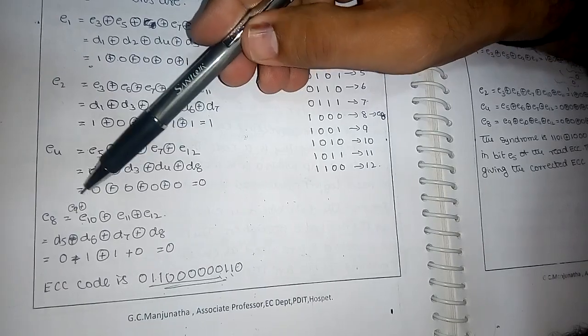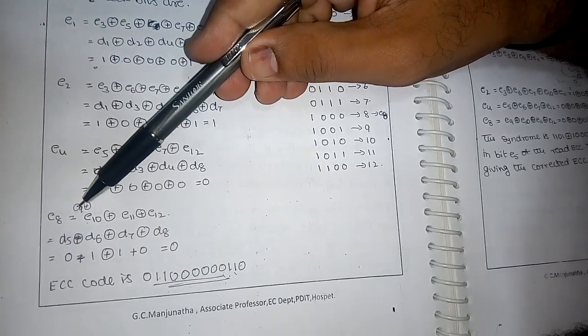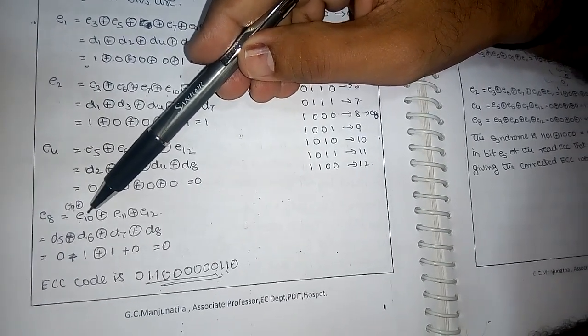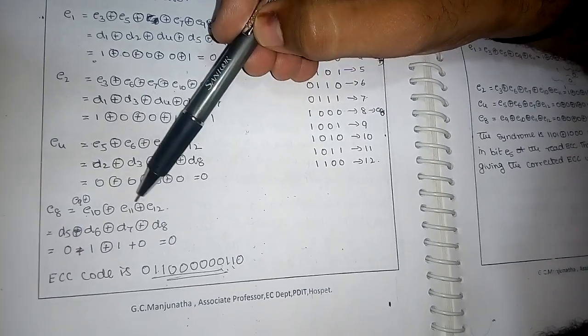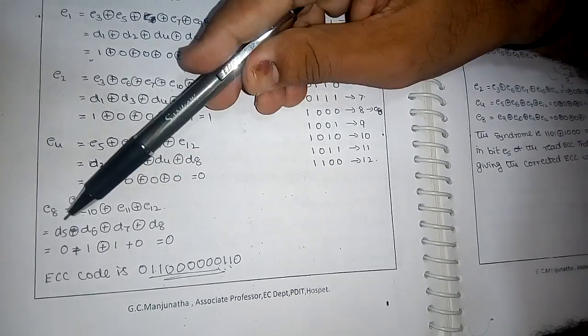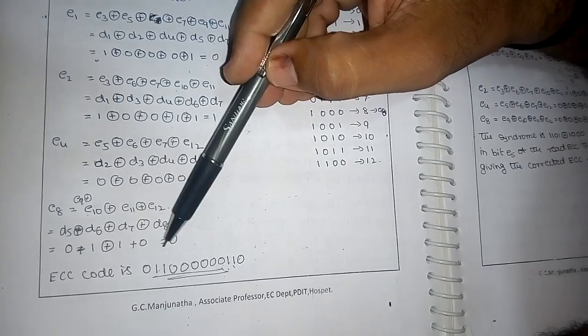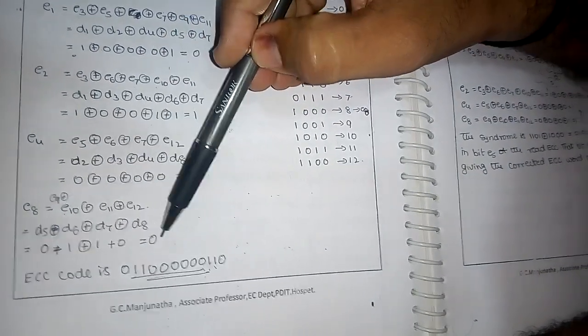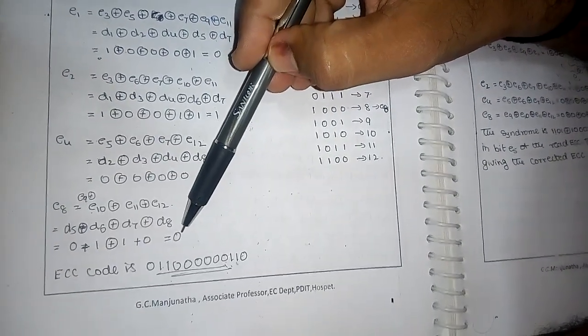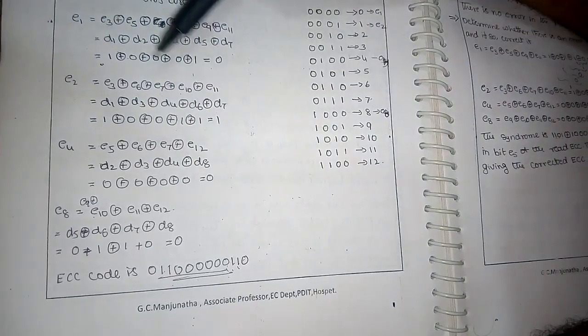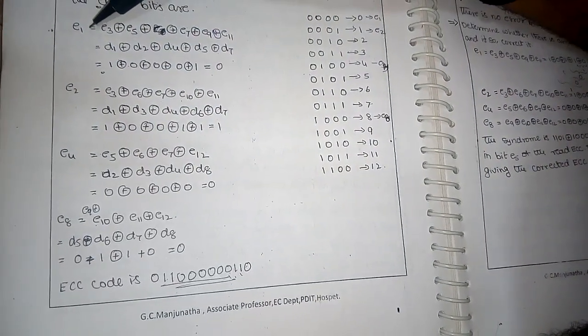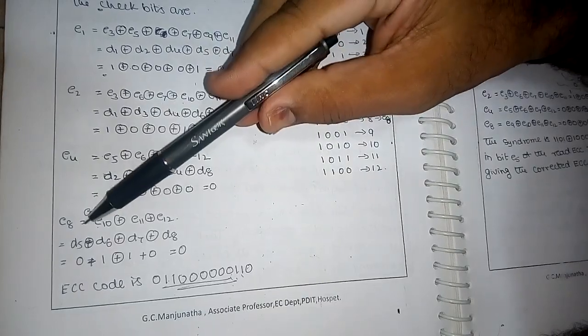Similarly, E8 is equal to E9 XOR E10 XOR E11 XOR E12. The corresponding values will be placed, and you will get the value 0. So E8 is 0.